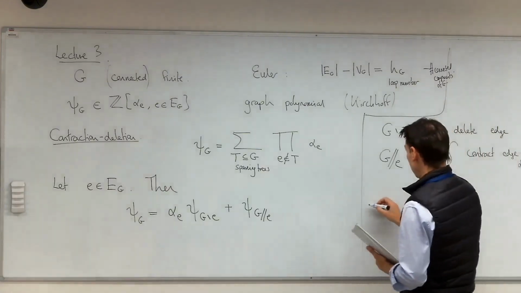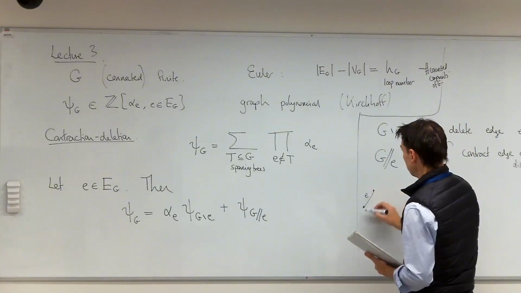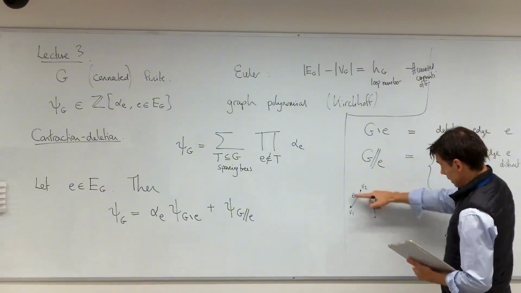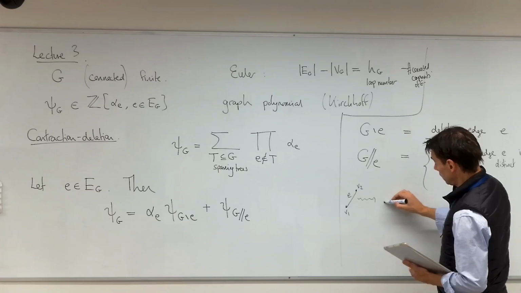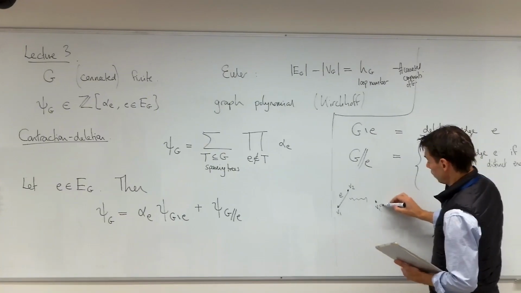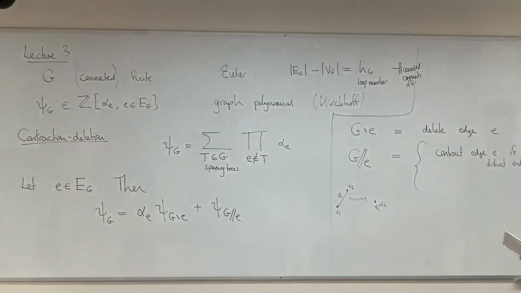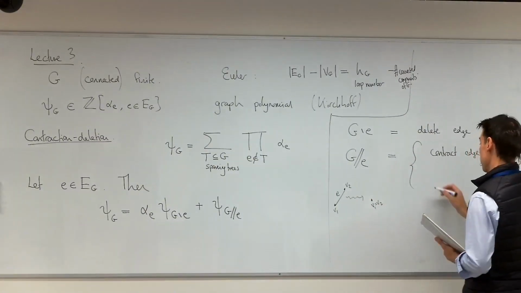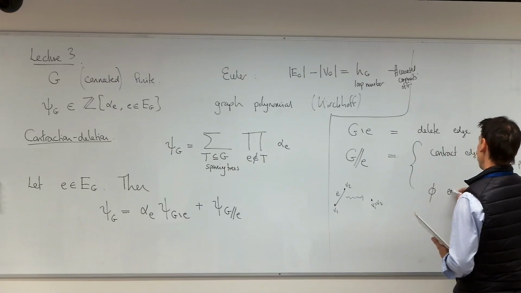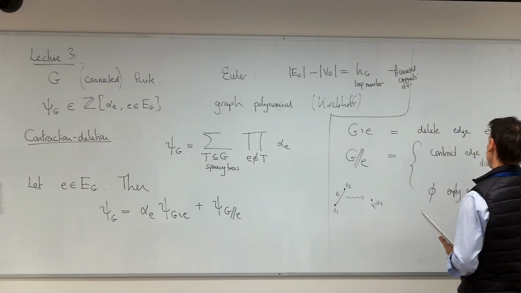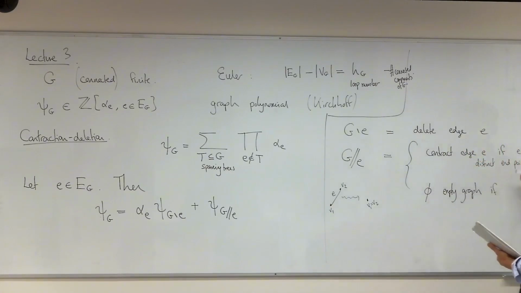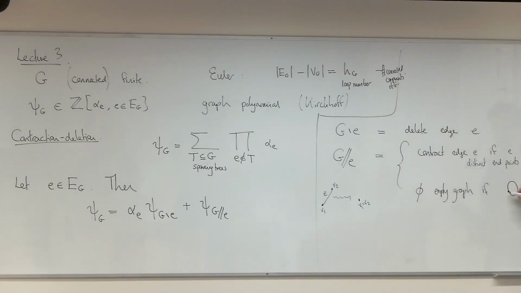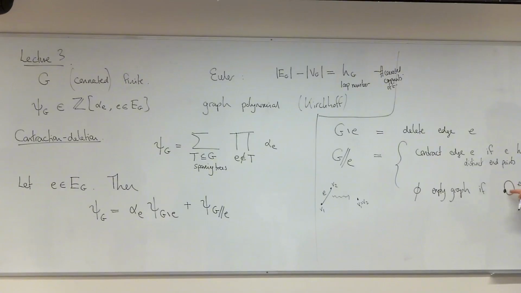So if you have an edge like this connecting vertices v1 and v2, then what you do is you delete edge e and you identify v1 and v2. Now if e does not have distinct endpoints, then we just define it to be the empty graph. So it's what's known in physics as a tadpole. Baby frog, it looks like a tadpole.